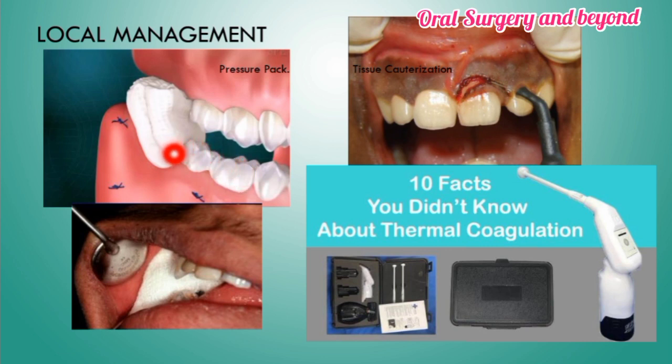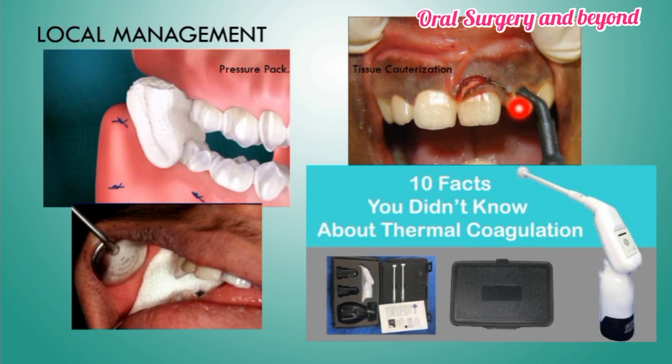We have to tell the patient to keep this cotton pressure pack for 3 to 5 minutes. This is one of the best methods to manage bleeding. After 3 to 5 minutes, the coagulation pathways are activated and help to stop the bleeding.